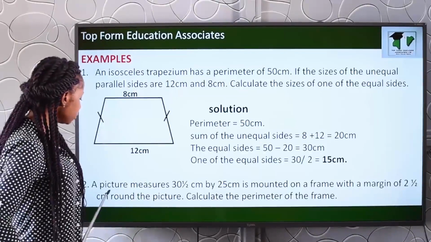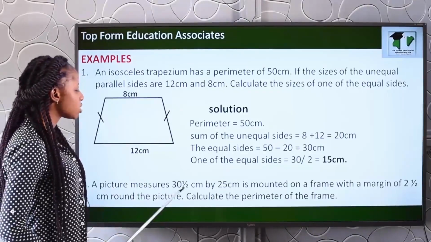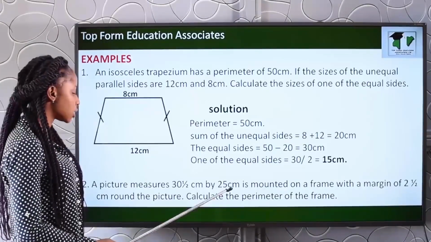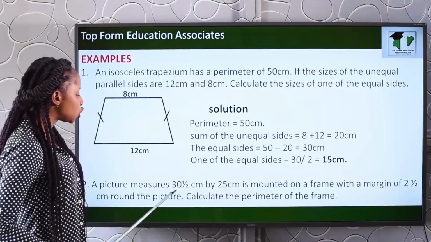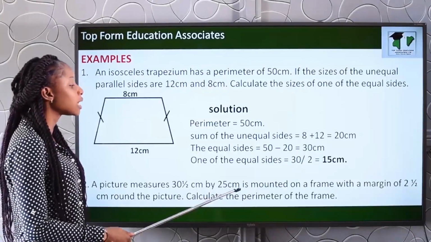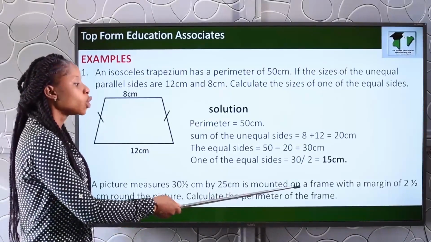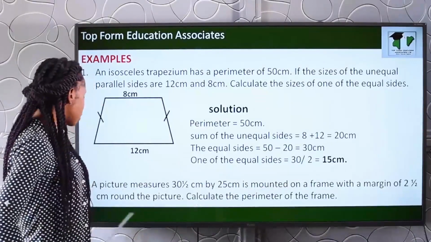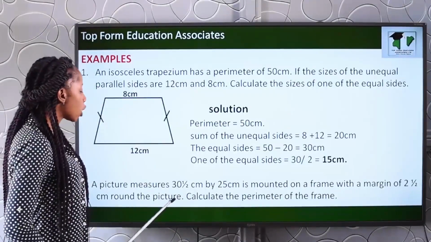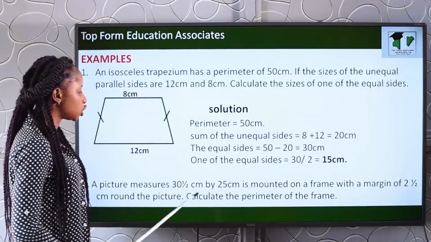Now, number 2. A picture measures 30.5 centimeters by 25 centimeters. A picture that measures 30.5 centimeters by 25 centimeters is mounted on a frame with a margin of 2.5 centimeters round the picture. Please pay close attention to the question.